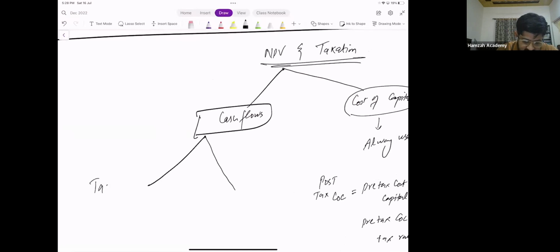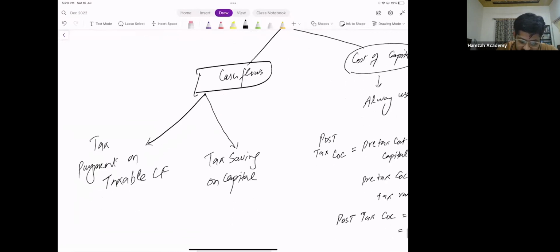One is tax payment on taxable cash flows. The second is tax saving on capital allowance.